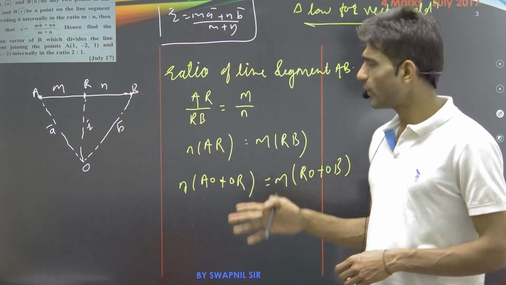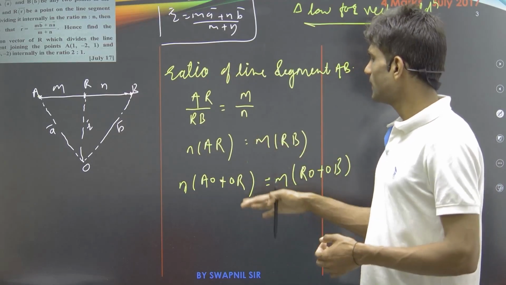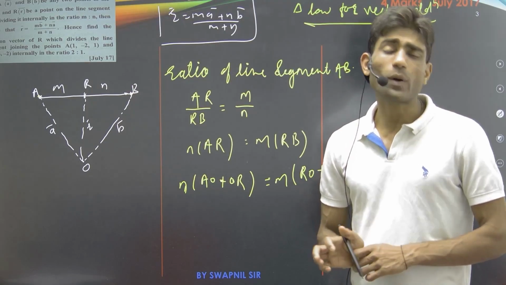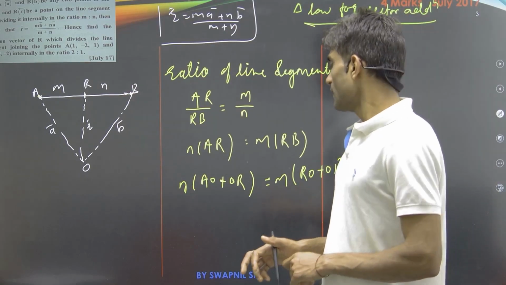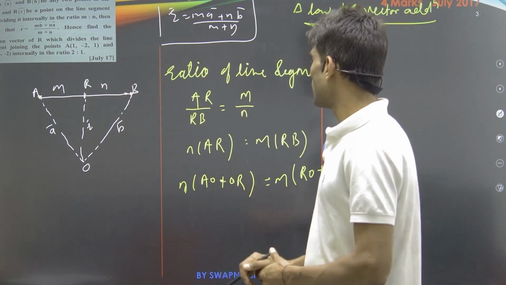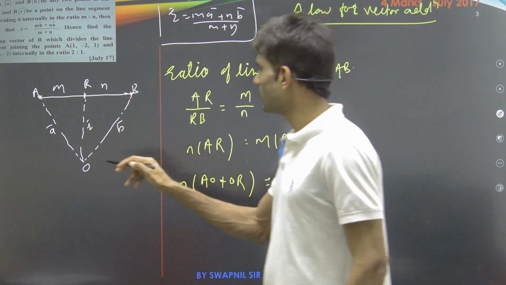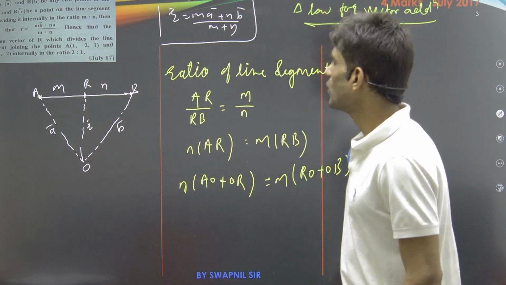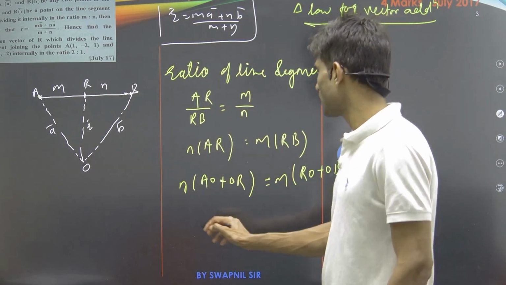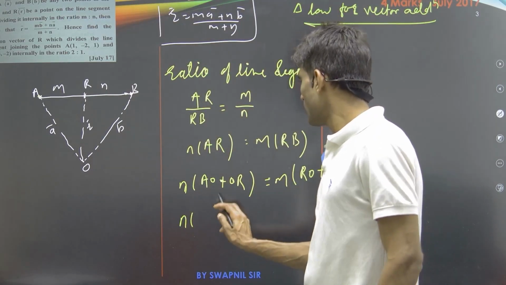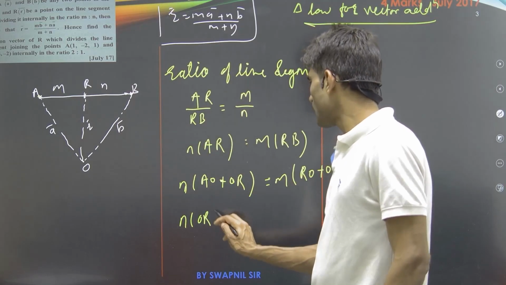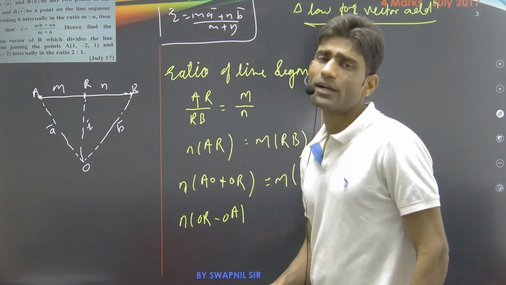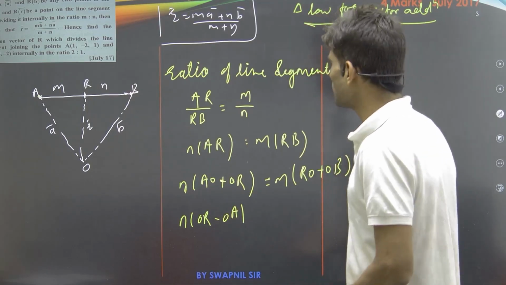Now, in our further step, we just have to apply the position vectors and we will get the required proof of our statement. Now see that AO plus OR: AO can be written as negative OA, because I have changed the direction of our vector and it gives us the negative sign.